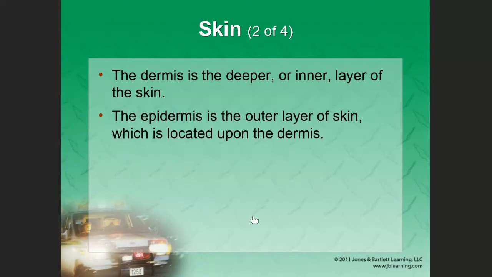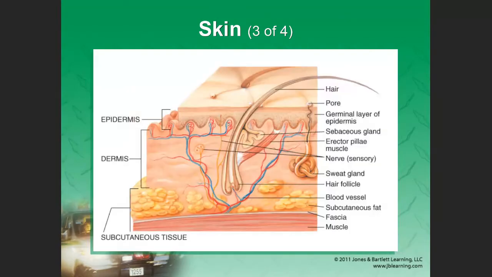There are 3 important layers that you need to be familiar with for the skin, right? You have the subcutaneous layer, which is the fat layer. Then you have the dermis, which is the middle or inner layer. And then you have the epidermis, which is the outer or top layer. Right? And there's a diagram showing that quite nicely. So you have the subcutaneous layer, which is the area with the fatty tissue.